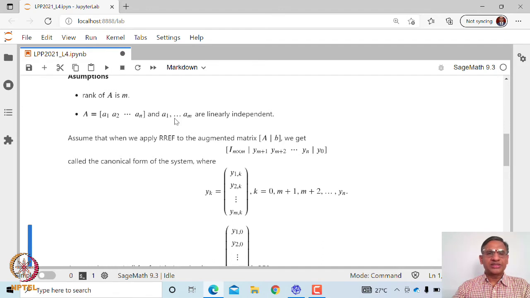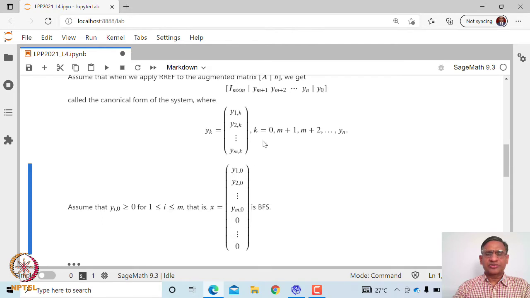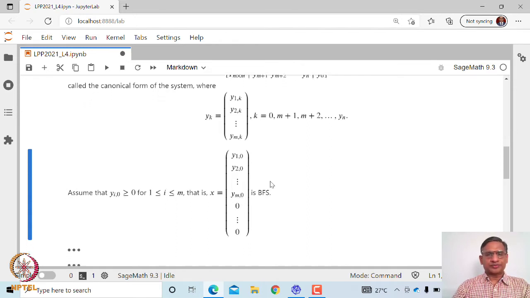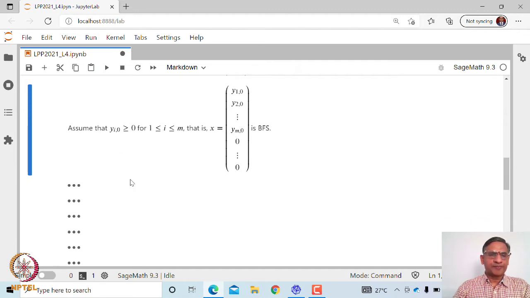Not only that, these are the variables corresponding to basic variables, and this is feasible. So this last column you are getting as a basic feasible solution. All these components are non-negative, so we have got a starting basic feasible solution, and this is going to be one of the corner points of omega.